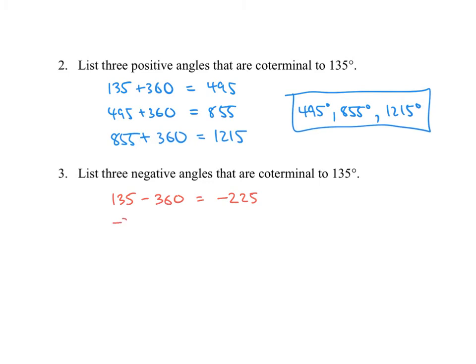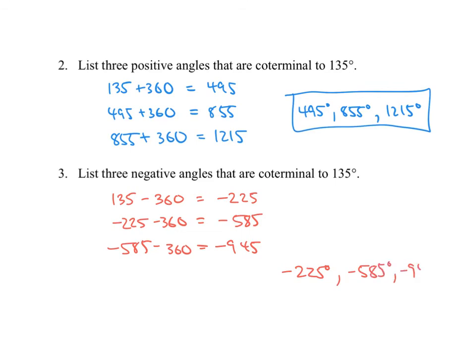And if we do negative 225 minus 360, we'll get negative 585, and negative 585 minus 360 would be negative 945. And of course we should not be lazy and put degree symbols with those numbers. And that would be 3 negative angles that are coterminal to 135 degrees.